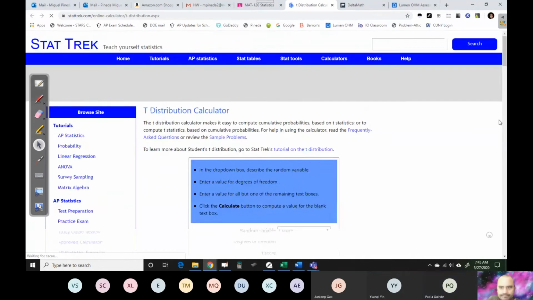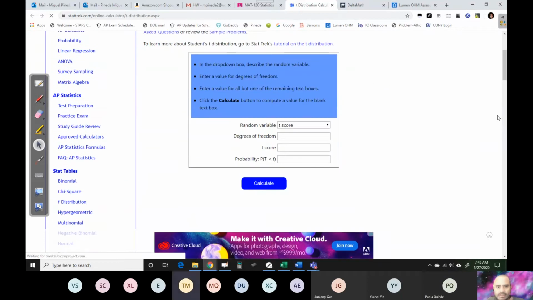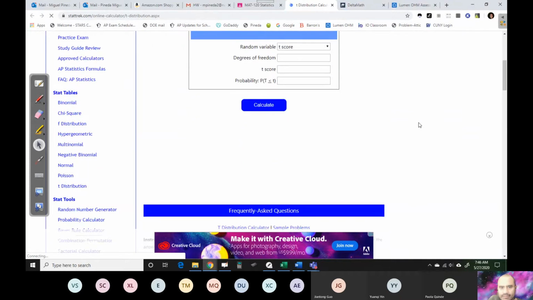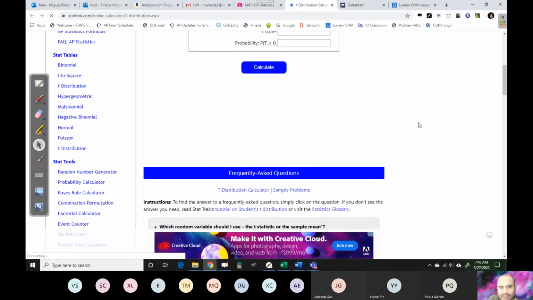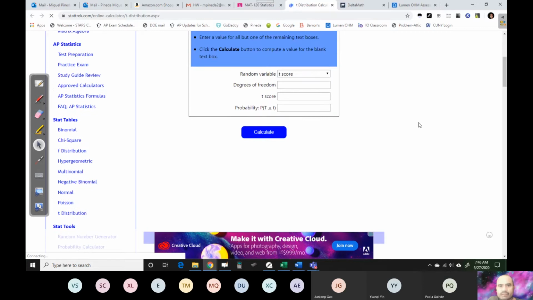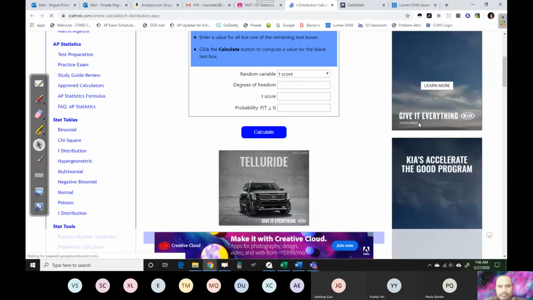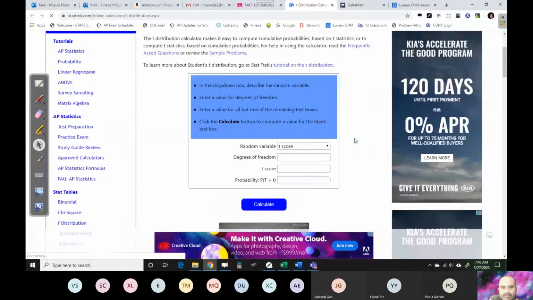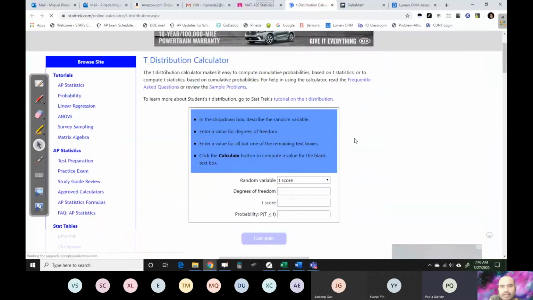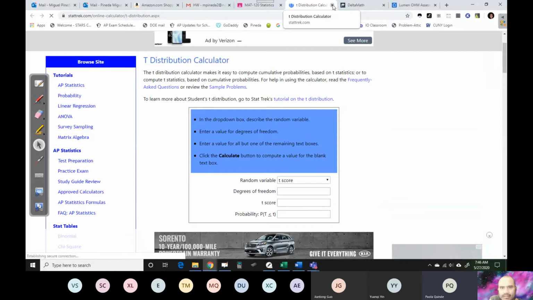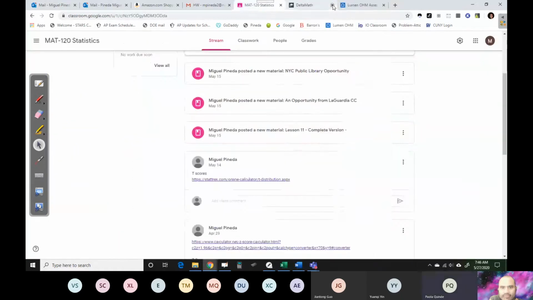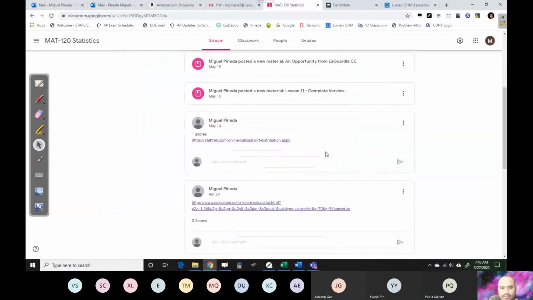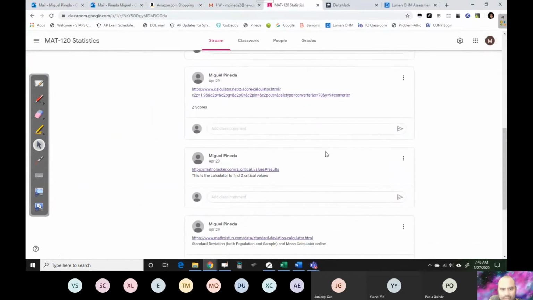No, that's not the one, because that doesn't give me the beginning and an end. I have to have a beginning and an end. Let me see if I have more down here. No. This is just going to calculate the t value of the number. So we're going to go to a calculator where we are able to do the beginning and the end of the situation.